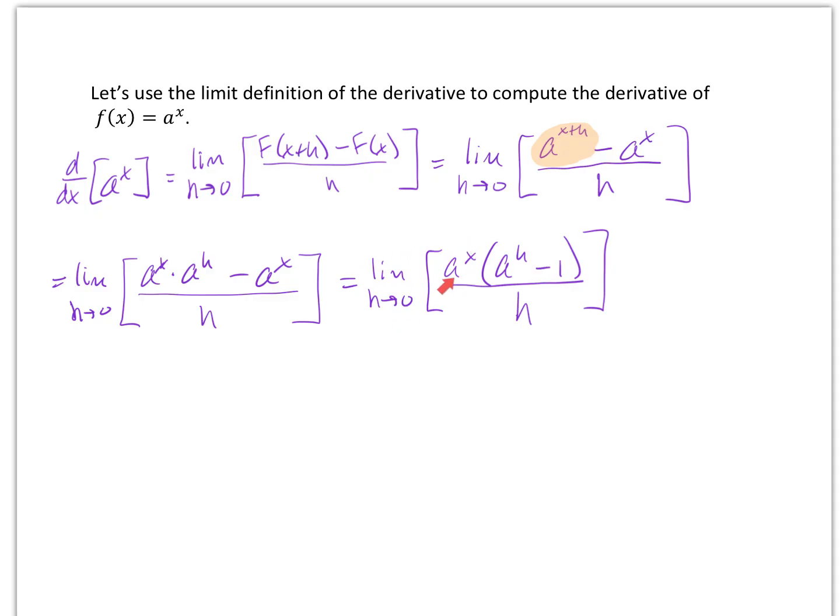I can treat it like a constant and pull it out of the limit. So this becomes a to the x times the limit as h goes to 0 of a to the h minus 1 over h.